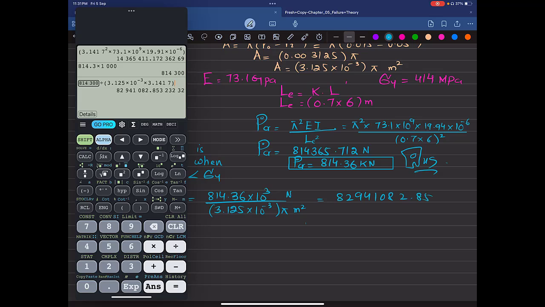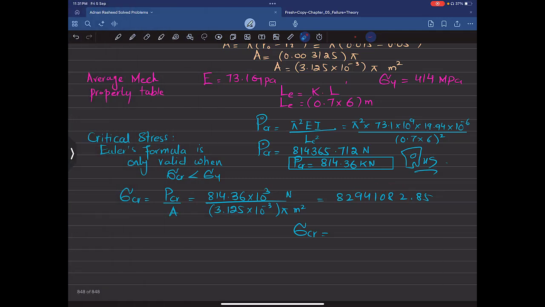And for this critical stress, when the decimal point moves six places, it is 82.9 megapascal. So this critical stress is approximately equal to 83 megapascal.